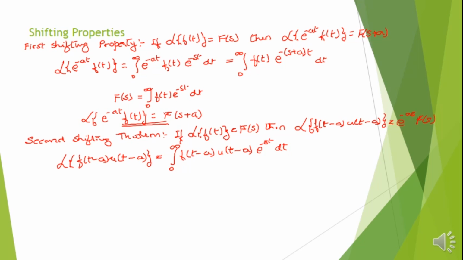Now, what is this u of t minus a? We know that u of t minus a equal to 1 for t greater than or equal to a, 0 for t less than a. So in this interval 0 to a, u of t minus a is 0.